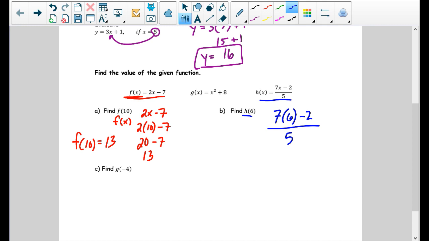Get one number on top, one number on bottom, and then divide. So if I simplify this top, 7 times 6 is 42. Well, 42 minus 2 gives me 40. And then 40 divided by 5 gives me 8. So h of 6 is equal to 8.